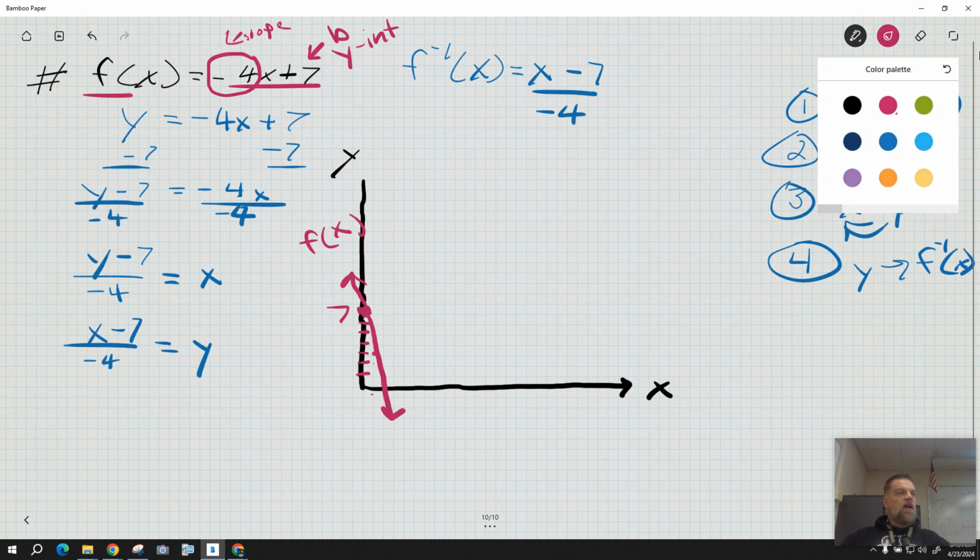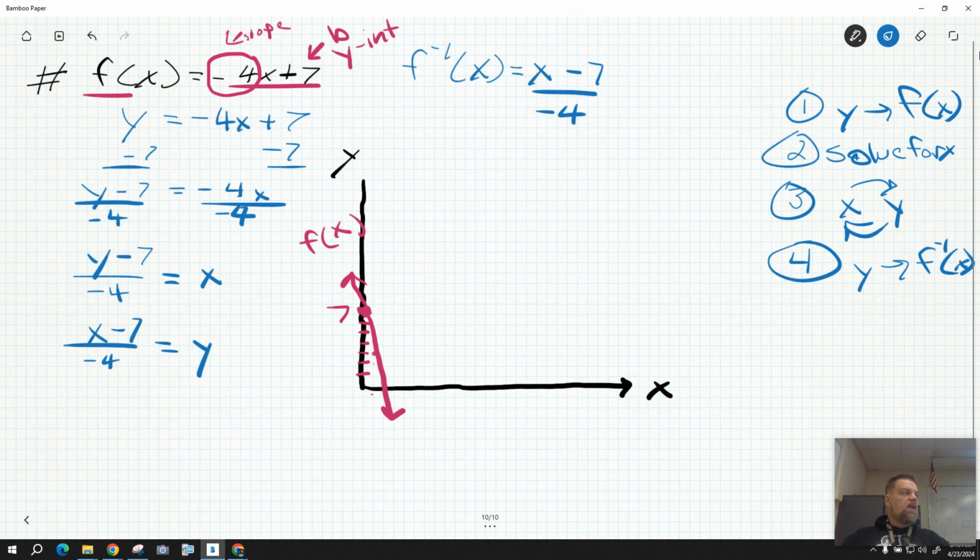Now, for f inverse, really what I could do is I could say f inverse of x is negative x over 4. Actually, I could separate this and say negative 4 over x and then separate and say plus negative 7 over negative 4.